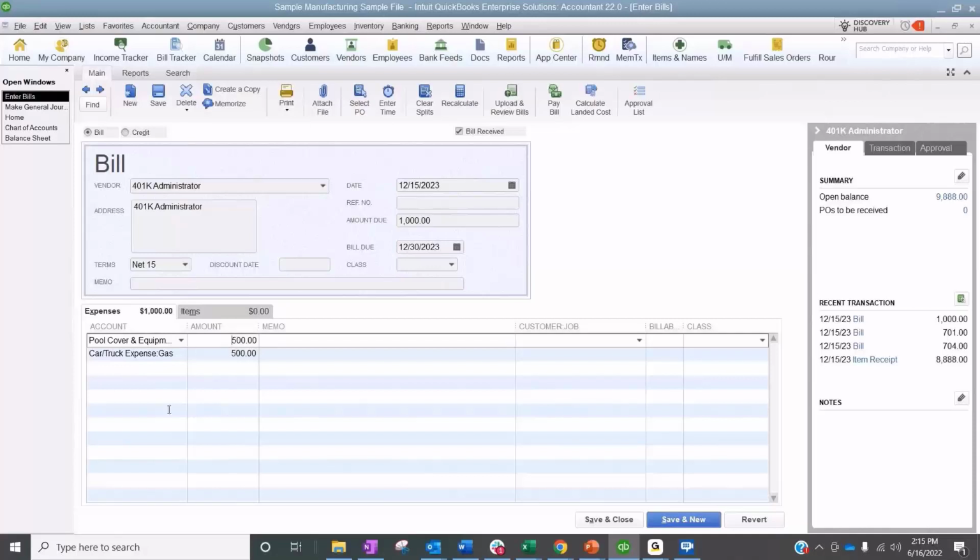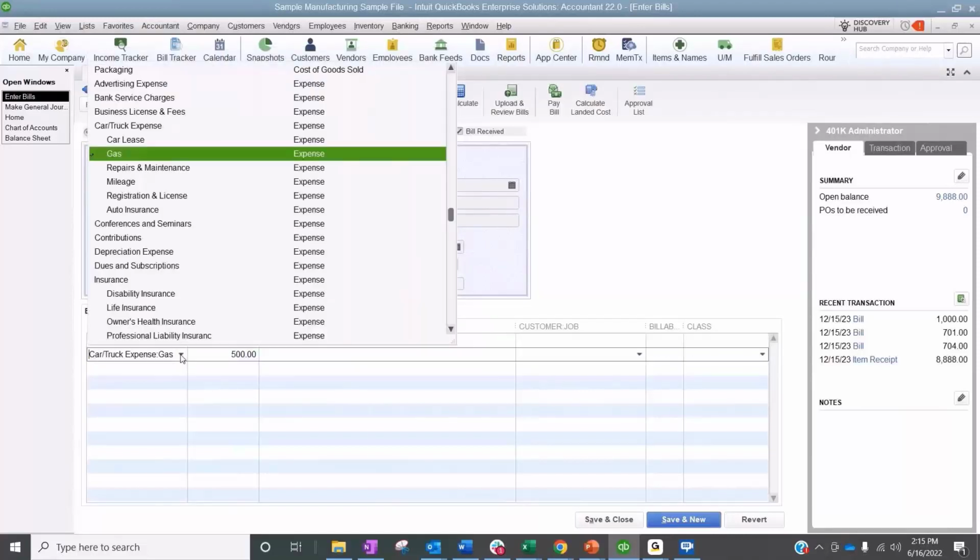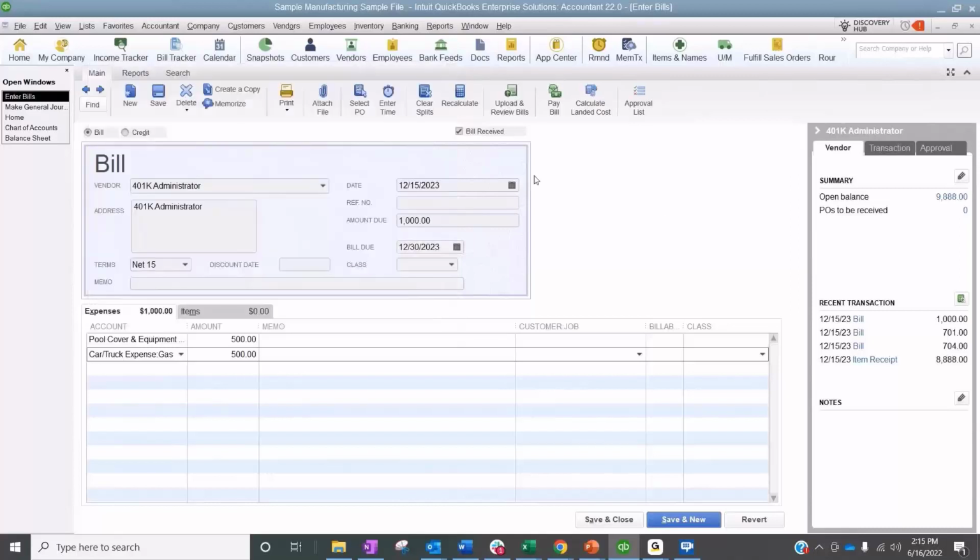Both of these are still going to be debits because this is still a credit. So if I do $500 to income, it's going to lower income by $500. And then if I do $500 to expense, natural debit balance, it will raise expense by $500. So I can split those out and you'd see the same effect.